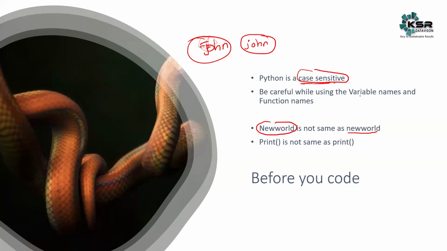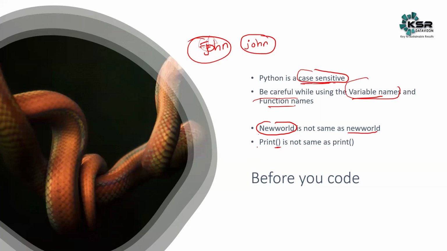So be careful while using variable names and function names. You may have a doubt: what do you mean by function name, and what do you mean by variable name? How do you differentiate them? In an easy way, function means anything which is associated with parentheses, brackets.